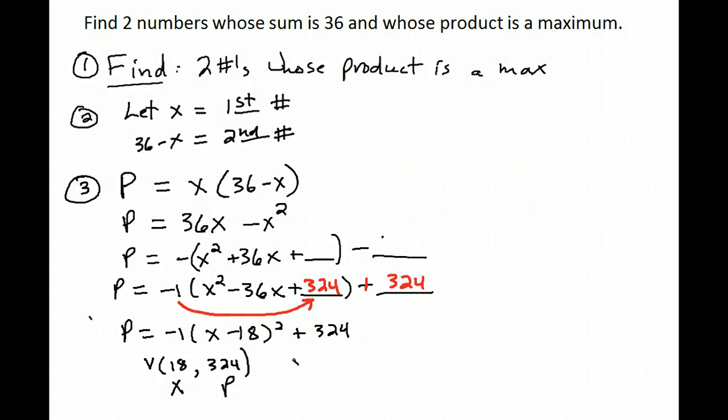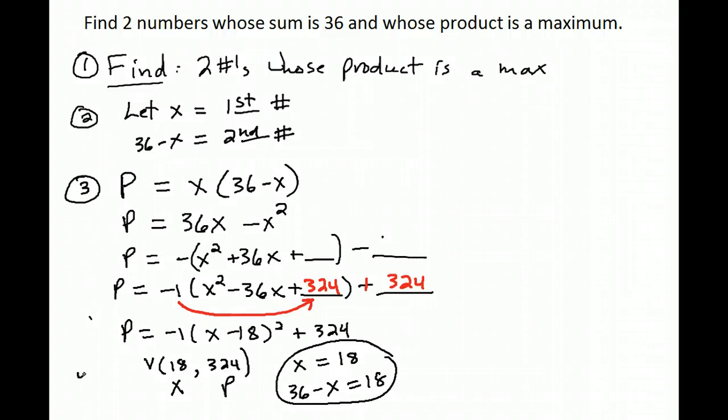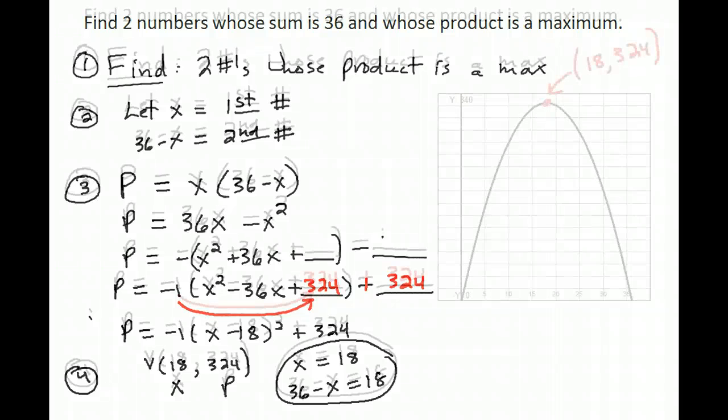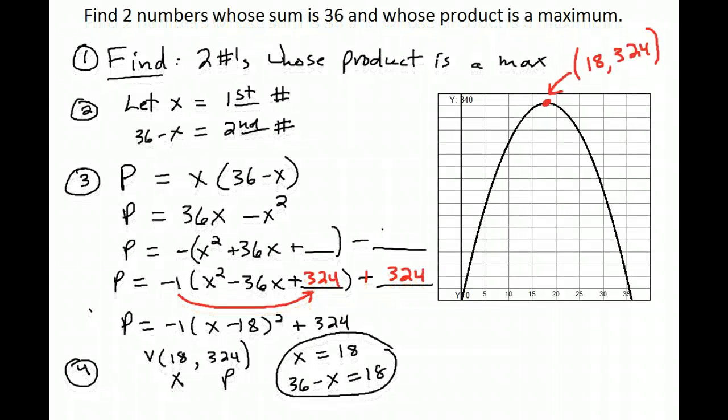So if my number gives me the maximum product when my number is 18, then 36 minus my number, 36 minus 18, is also 18. So I'll put a step 4 over here. If I graphed it, my vertex would be (18, 324).